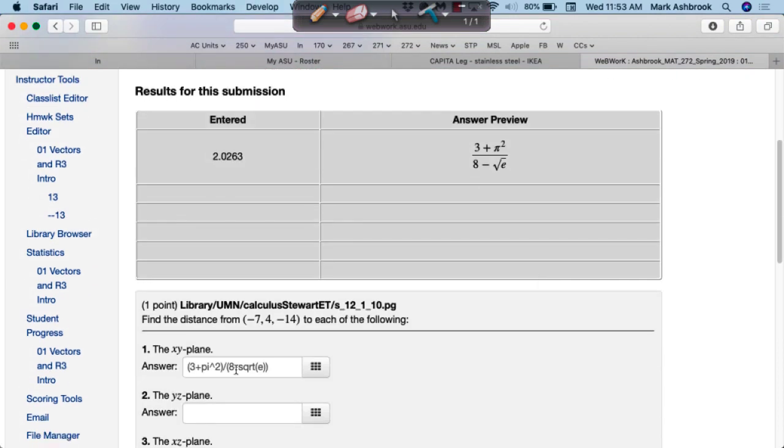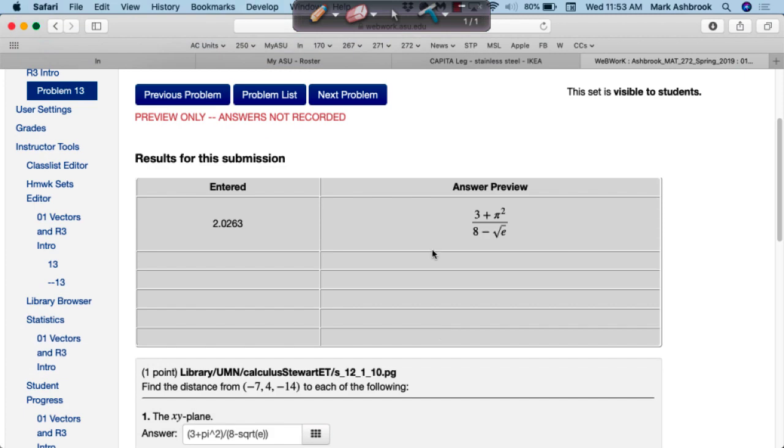So take advantage of this. You can put in expressions and get a nice image of them to make sure it's what you wanted, using the preview answer button. On top of this, sometimes in the coding of these problems there's a tolerance on the answers. You have to have so many decimal places, and it gives only so much tolerance.